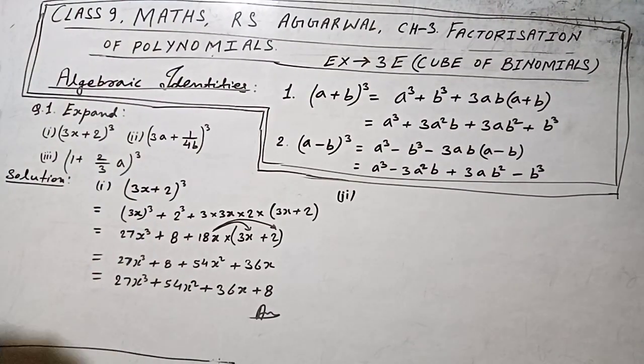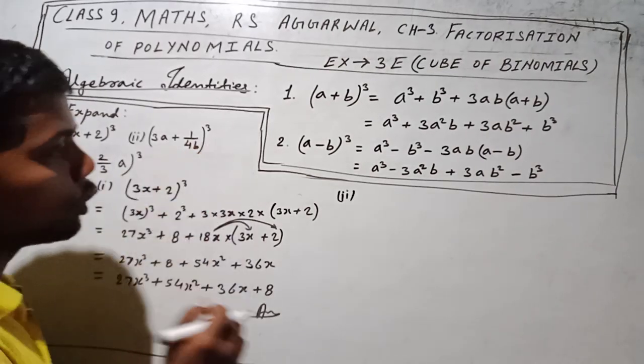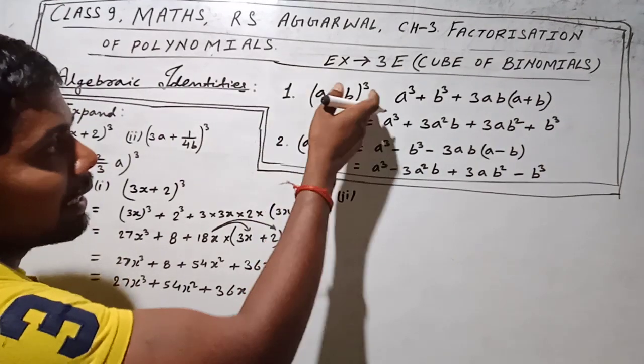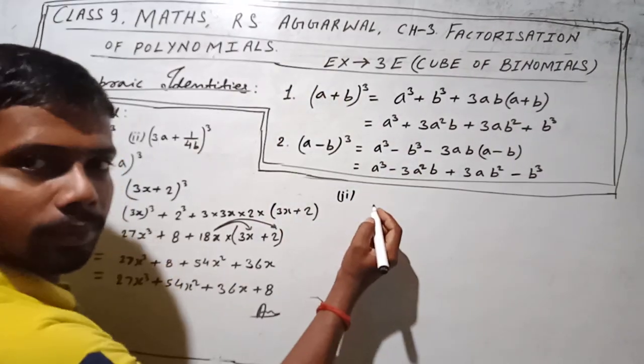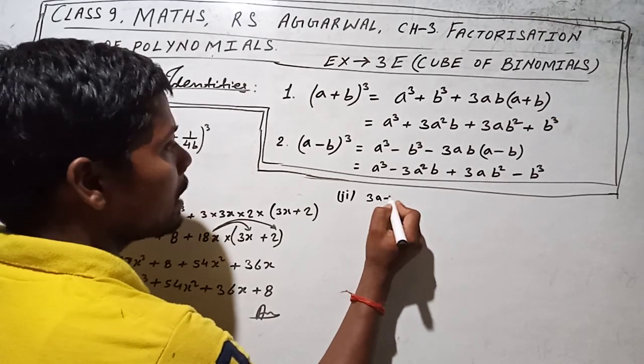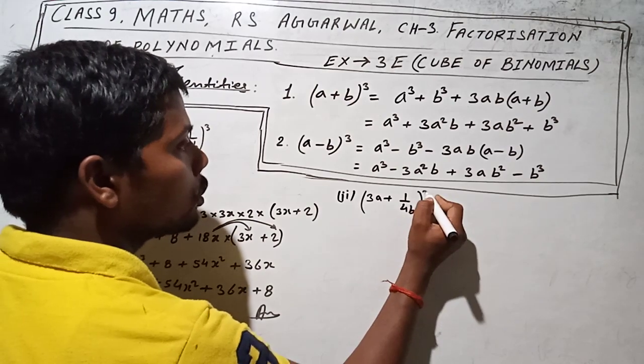Now we will solve question number 2, in which we have to expand (3a plus 1 by 4b) whole cubed. See how to expand. We will use the same identity (a plus b) whole cubed.